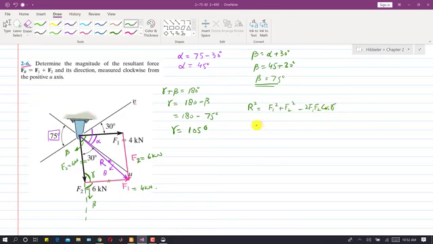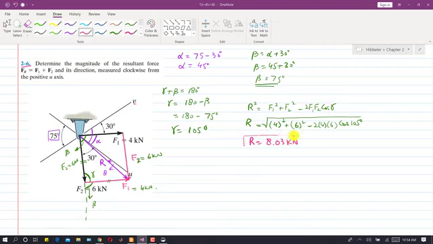F1 is 4 kilonewton, so I will write 4 square plus 6 square minus 2 into 4 into 6 cos of 105 degrees. If we take the square root as well, this will give us the resultant magnitude. So this magnitude comes out to be 8.03 kilonewton. So this is the resultant magnitude.